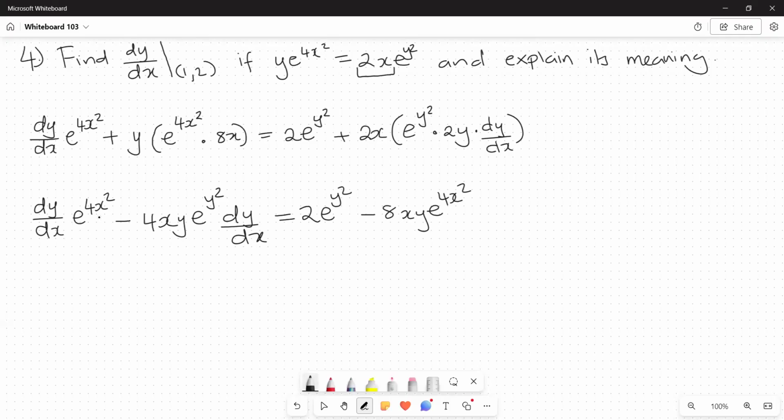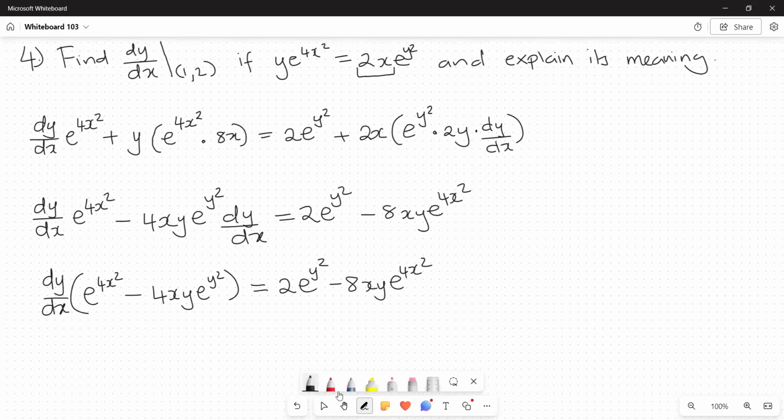Okay, so on the left-hand side, we factor out dy/dx. We have e to the power of 4x squared minus 4xy e to the power of y squared, is equal to 2 e to the power of y squared minus 8xy e to the power of 4x squared.